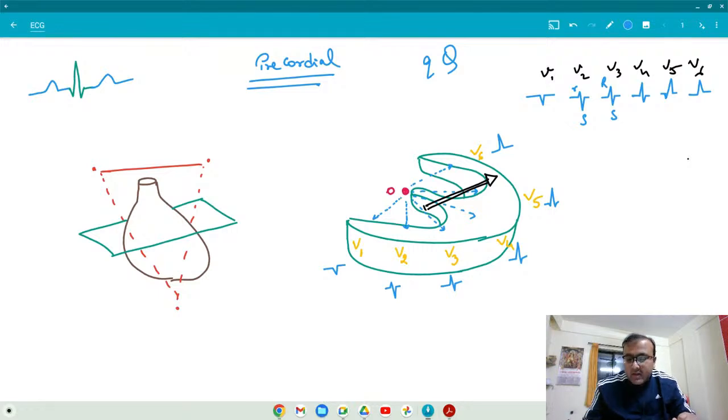So can you tell me in V4 what should I write? Very good. Capital R, small s. V5, it should be first negative deflection. Very good. Small q, capital R. Nice. And the next one should be absolutely q.